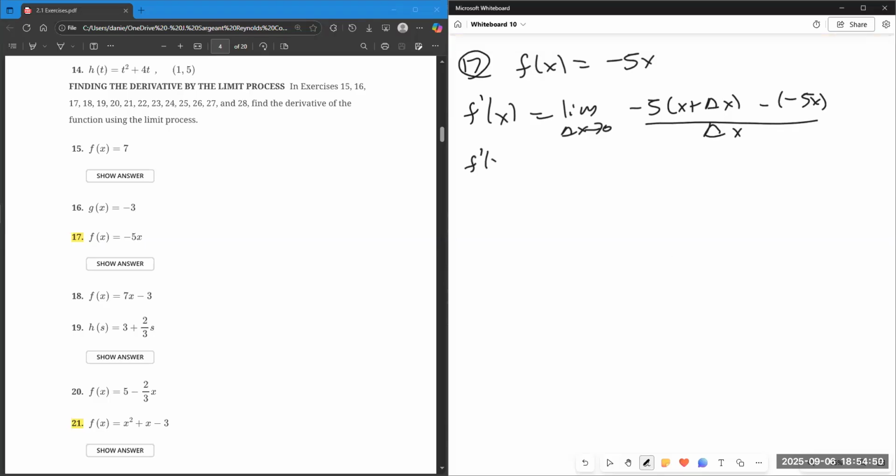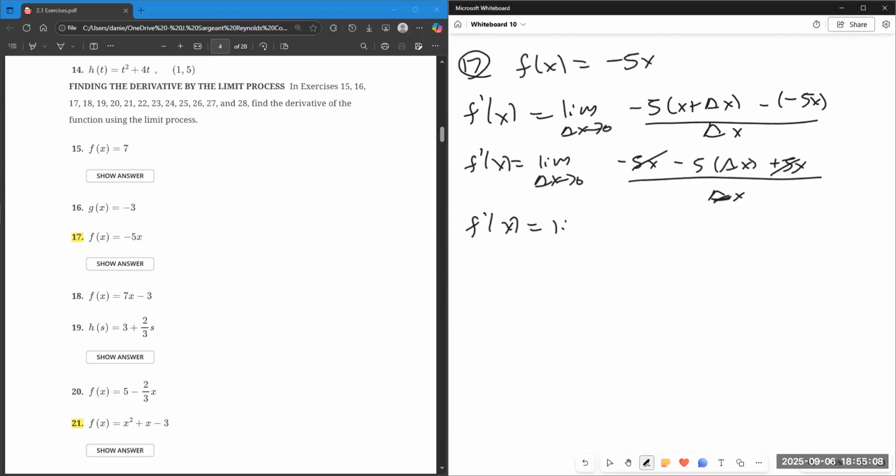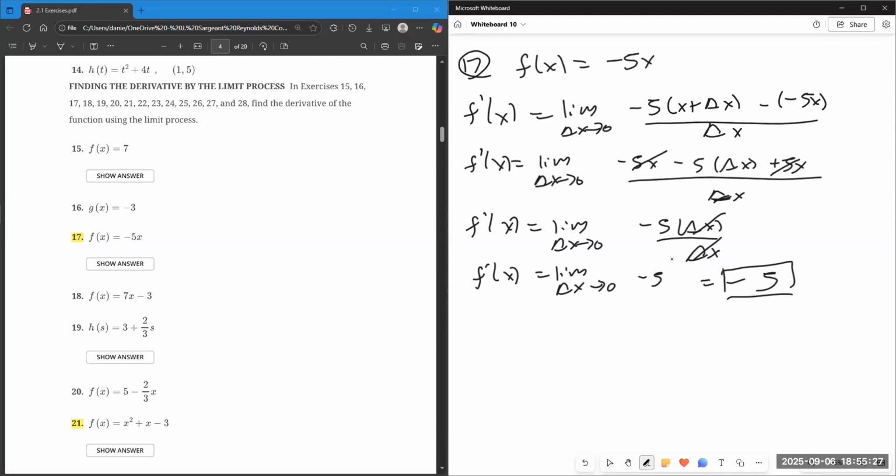So f prime of x is equal to the limit as delta x goes to 0 of -5x minus 5 delta x plus 5x over delta x, and these terms zero each other out. f prime of x equals the limit as delta x goes to 0 of -5 delta x over delta x. Those cancel. f prime of x equals the limit as delta x goes to 0 of -5, which is -5, always, all the time.